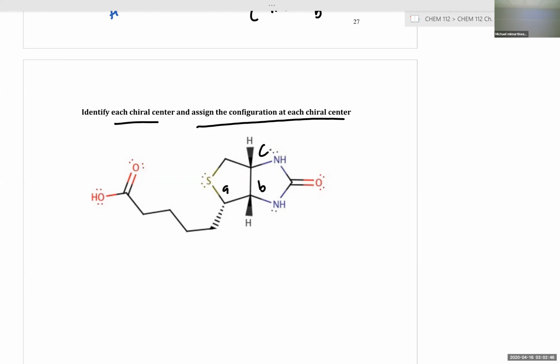Anyone have any proposals for the assignment? Anyone want to assign a configuration for any of the 3 centers? Okay, I see people already starting to assign the first center. Let's assign the rest of them and then we'll discuss as a class.